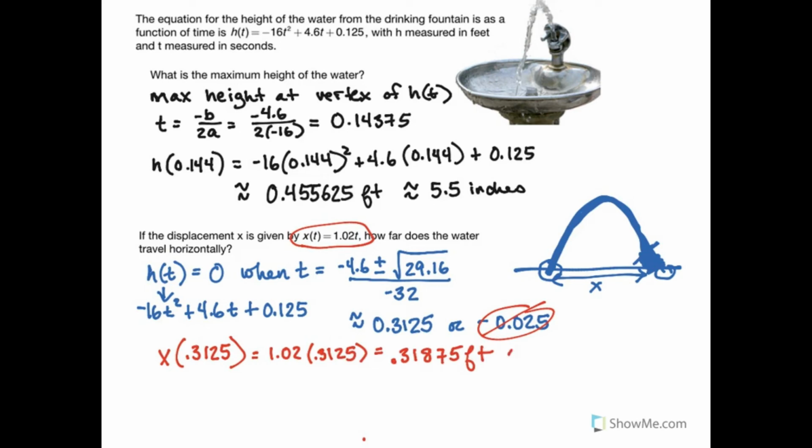And if I want to have that in inches, I'm going to multiply by 12, and I get 3.825 inches. So the parabolic arc made by the water extends 3.8 inches into the fountain, and its height is 5.5 inches.